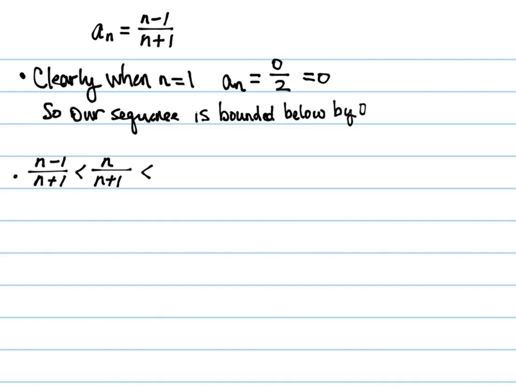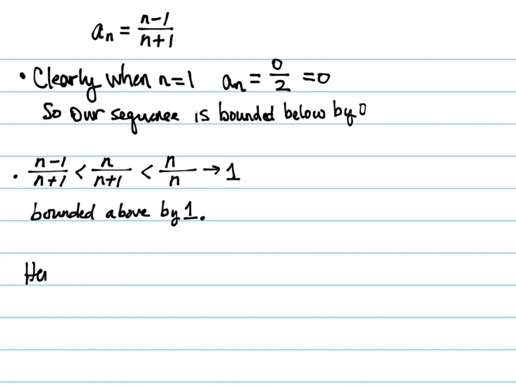What happens if I remove the plus 1 from the denominator? Does it also get bigger? Yeah, because I'm dividing now by something smaller, right? You think about fractions going both directions, so this is getting bigger. But the cool thing is, what is n over n? 1. So it's bounded above by 1.